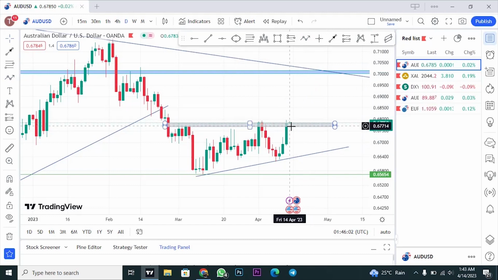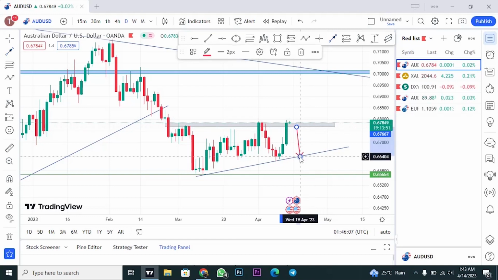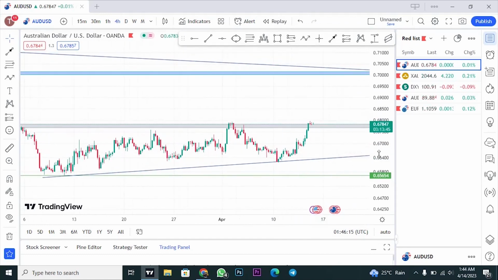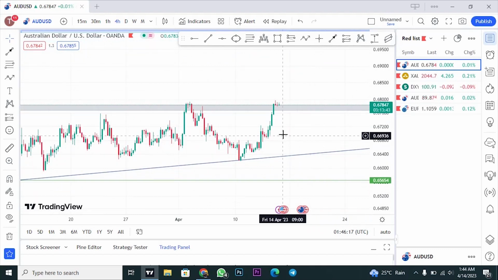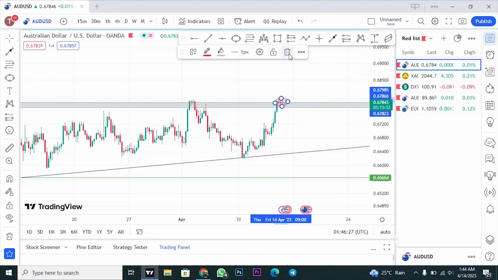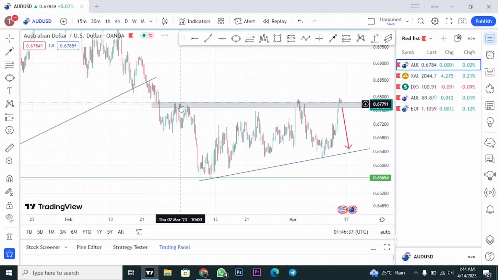But when price ends up closing below this level, we need another sell to the trend line right at that point. So let's move on to the 4-hour time frame. On the 4-hour time frame, you can clearly see we are seeing some rejection right here. That's good. I just want to see sells right here to the downside, because price has been rejecting this level for a while now.